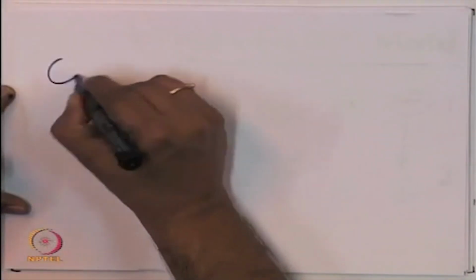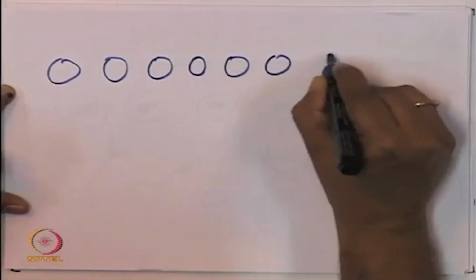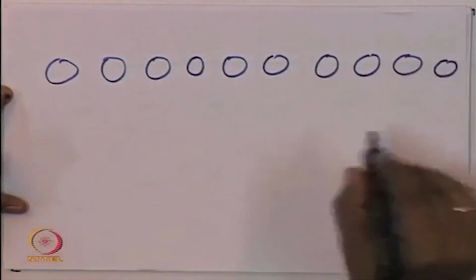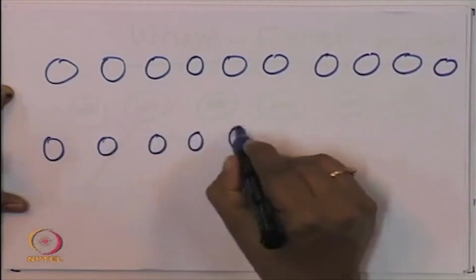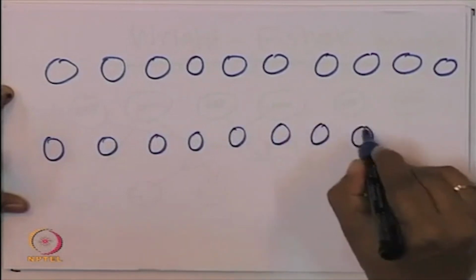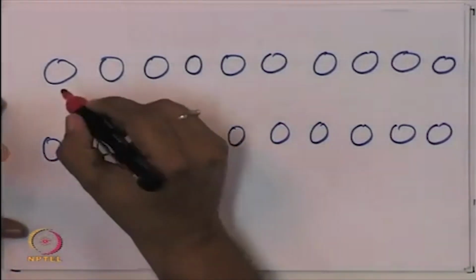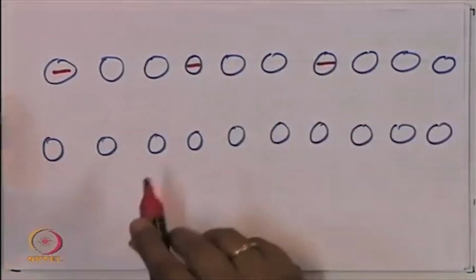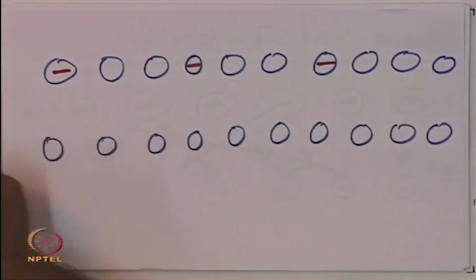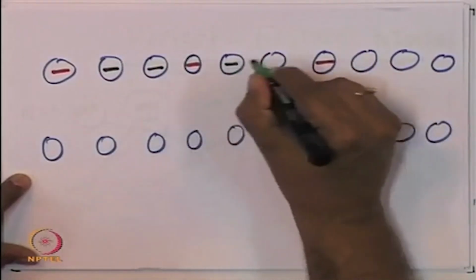Let us again say 10 individuals, 1, 2, 3, 4, 5, 6, 7, 8, 9, 10 individuals, and 10 offspring individuals, 1, 2, 3, 4, 5, 6, 7, 8, 9, 10. And let us say 3 individuals randomly I am coloring red and the other 7 will have green chromosomes.